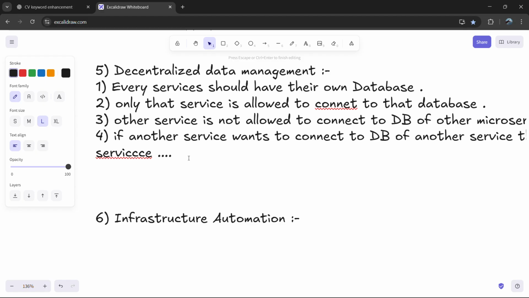So basically, infrastructure automation means if there is more traffic in your system, then with the help of automation, they can create a copy of your services that can reduce the traffic in your system.